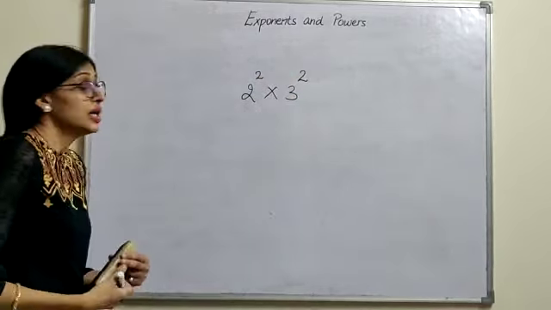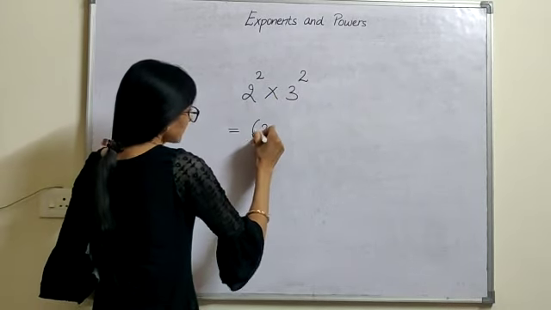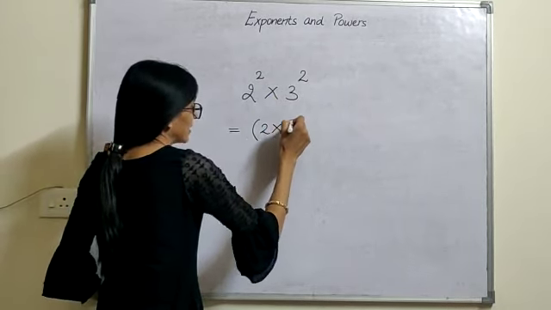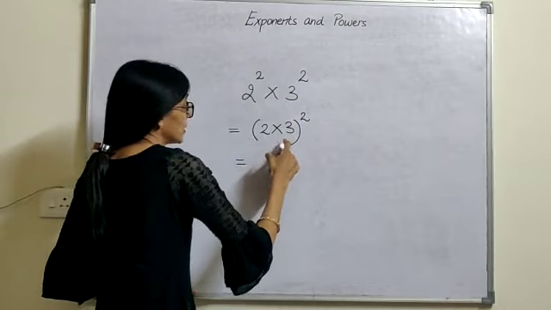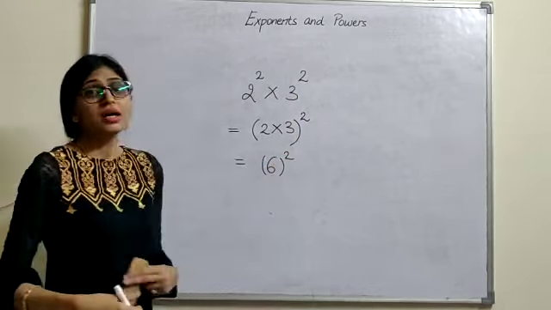I told you when powers are same, bases multiply. When the base is same, powers are added. So power same, bases multiply. Multiply both the bases and take the power as a single part because it is same. 2 3s are 6. 6 power 2. This is the answer.